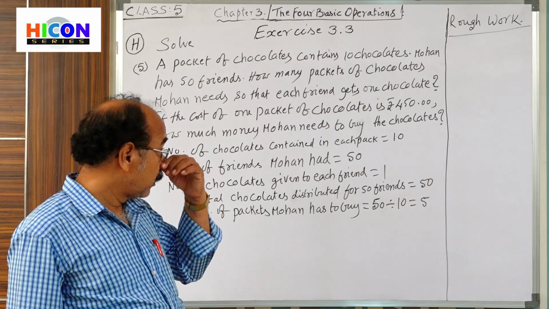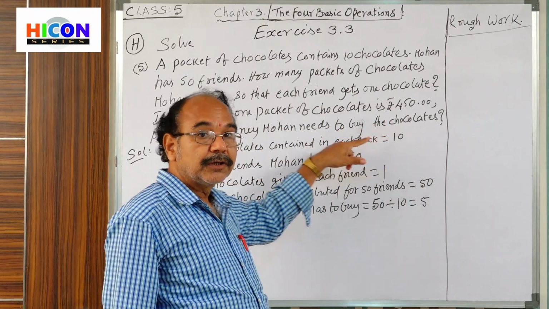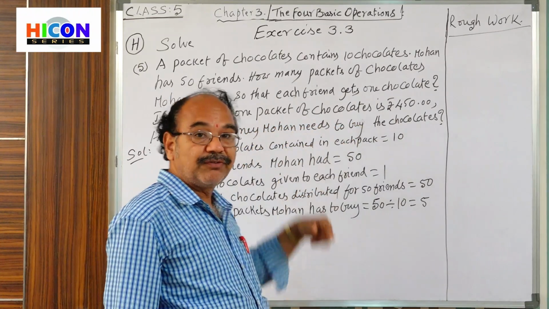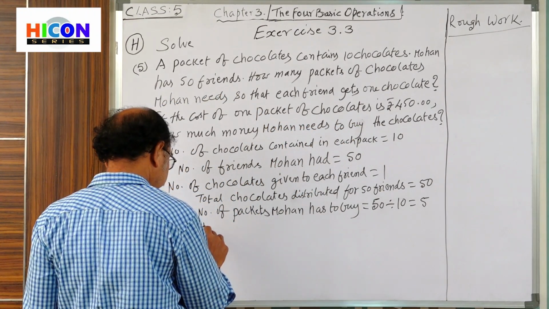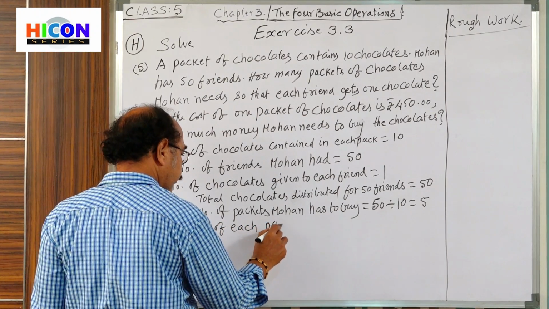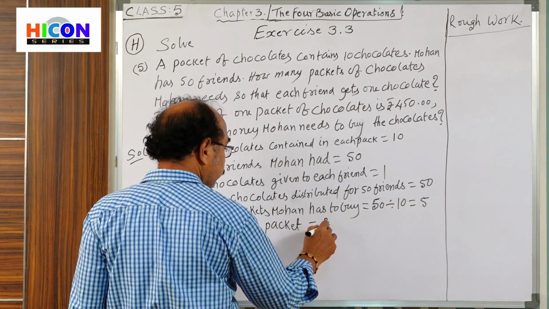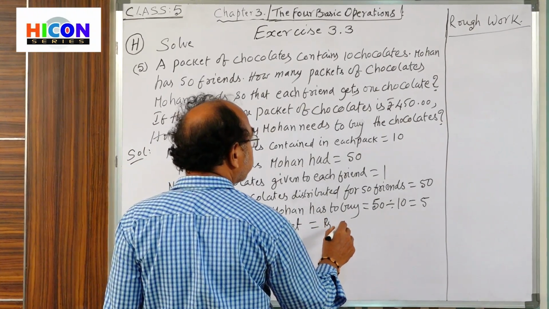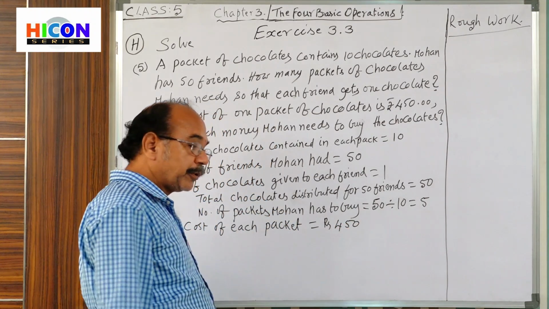Next. Cost of each packet, how much? Cost of one packet 450 rupees. So write that point. Cost of each packet is equal to rupees 450.